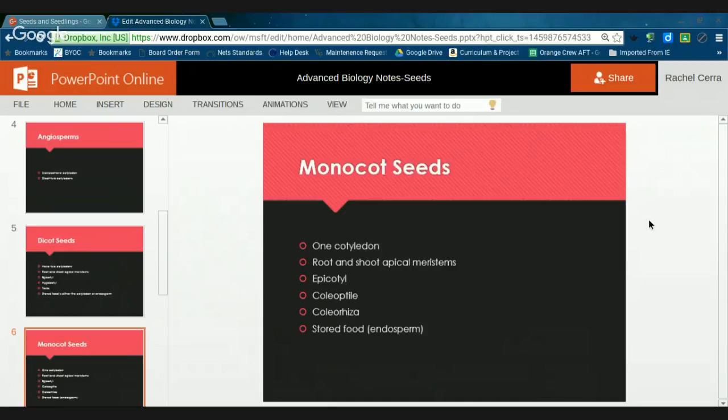So with this, we'll go with the top part. The top portion of that is going to be the coleoptile. Then you're going to have a bottom part, which is going to be the coleorhiza. So at the top of the coleoptile is going to be your shoot apical meristem. The bottom of your coleorhiza is going to be the root apical meristem.